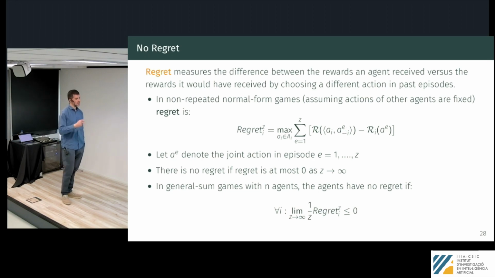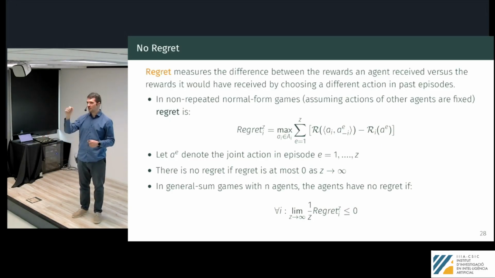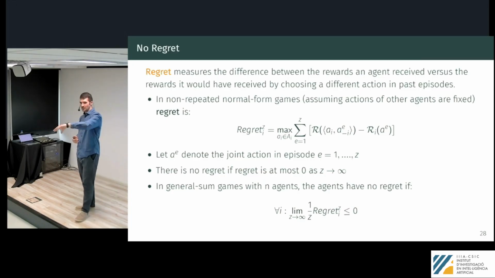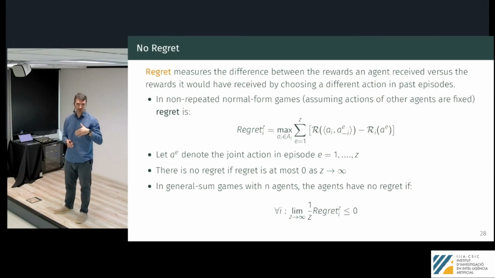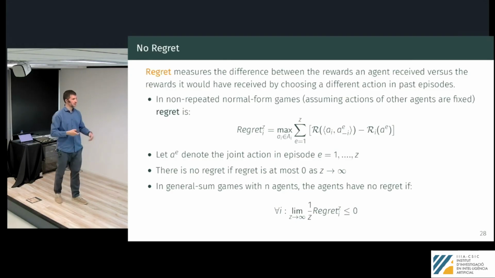So if we play rock, paper, scissors 10 times, and I keep your actions fixed, then my regret is whatever single action, if I replay it against the actual actions that you played in the past, gives the difference between the return that I actually got and the return that I could have gotten.